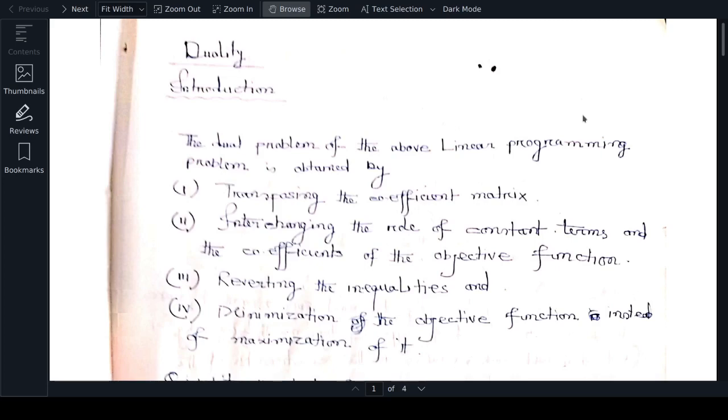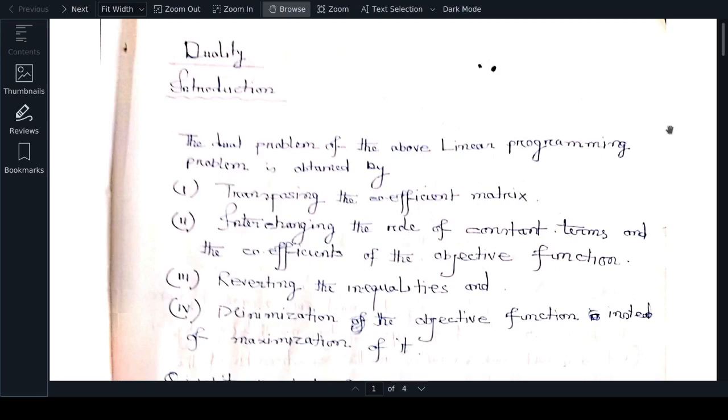This is also an important question. What is the standard form of the primal? So remember, if a minimization problem is given, all constraint signs should be greater than or equal to, and if a maximization problem is given, then all constraint signs should be less than or equal to.